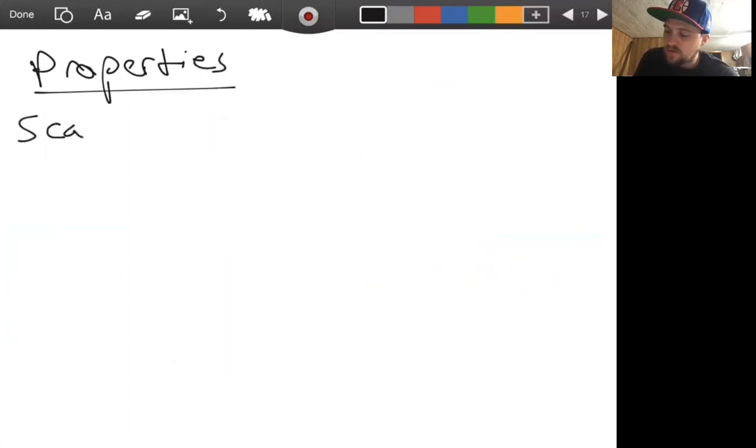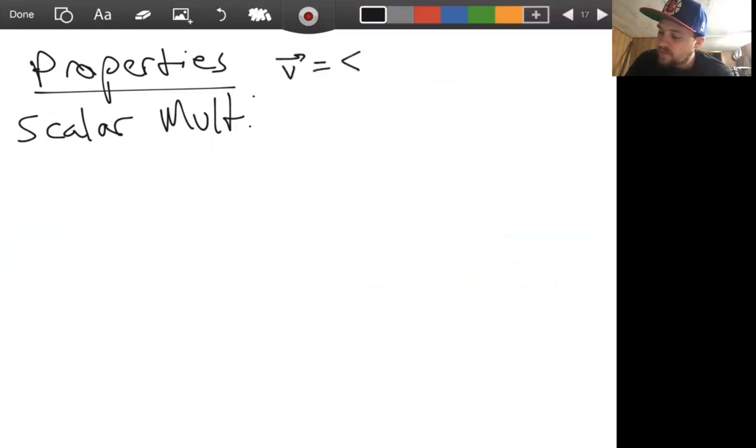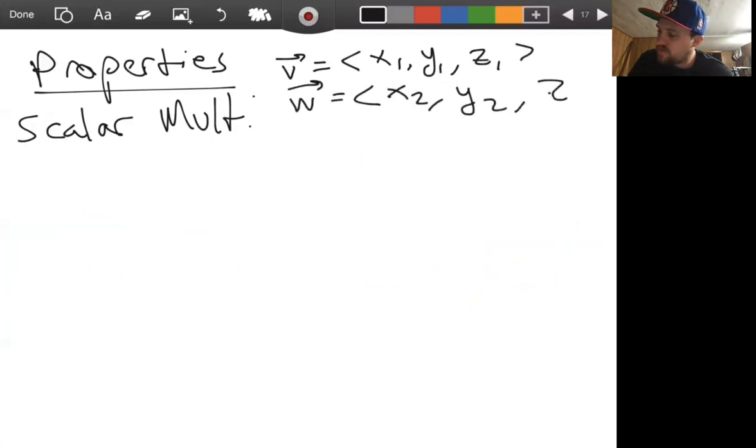Let's remember some properties here, and then we can wrap it up. So we have scalar multiplication. For these properties now, let's say I have a vector v, which is <x1, y1, z1>, and another vector w, which is <x2, y2, z2>.